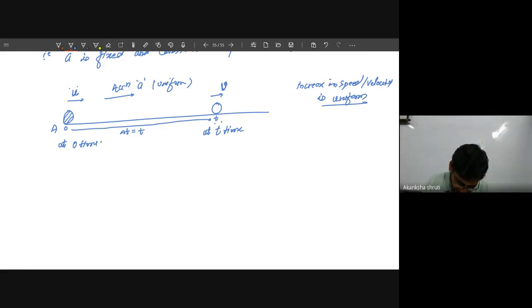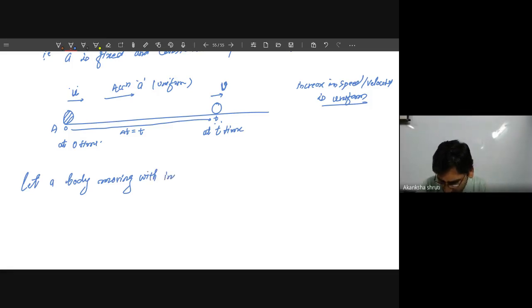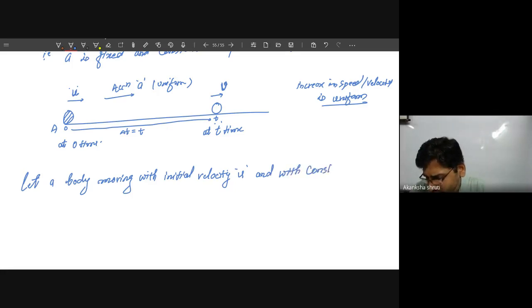So this situation I am writing like this: let a body be moving with initial velocity u and with constant acceleration.